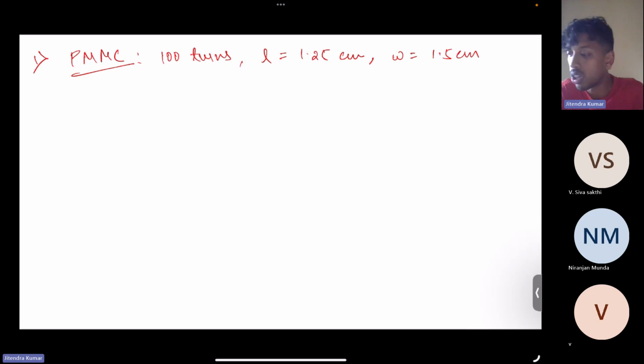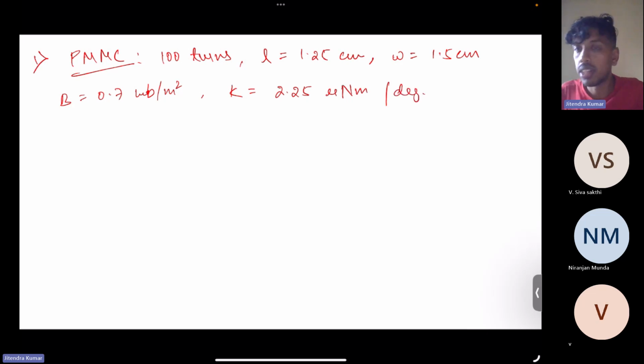So area would be equal to L into W, right? Air gap flux density was 0.7 Weber per meter square, and spring constant is 2.25 micronewton meter per degree, isn't it?